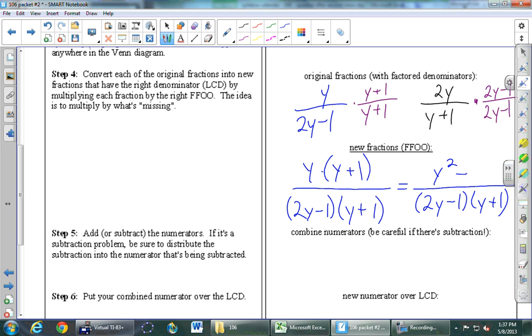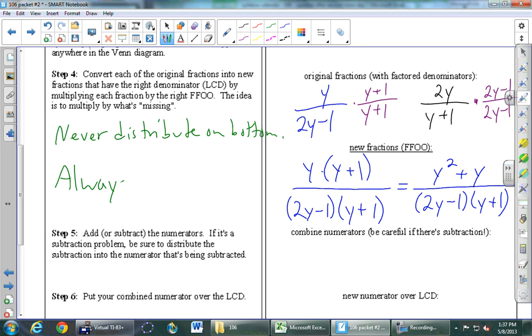Y squared plus y. So here's the funny rule. Never distribute on the bottom. Always distribute on top. It'll make more sense once we finish this example.